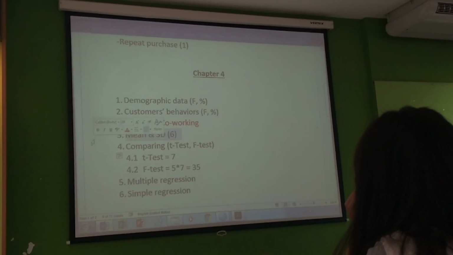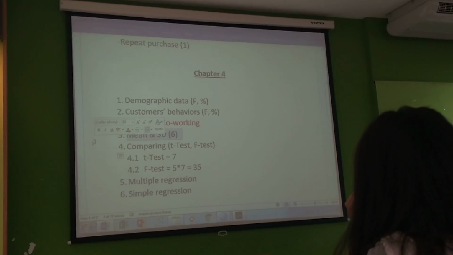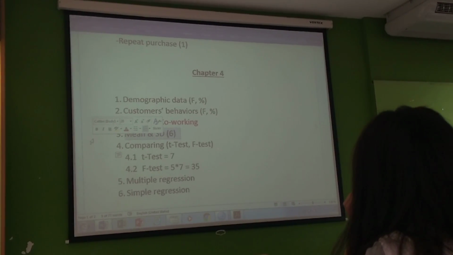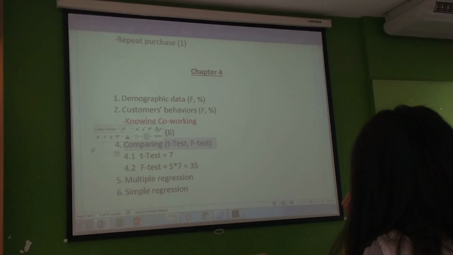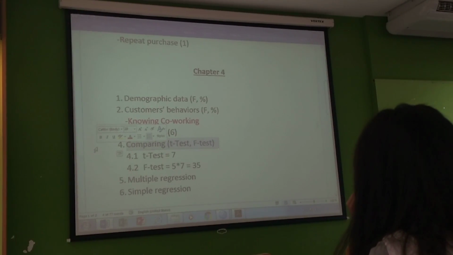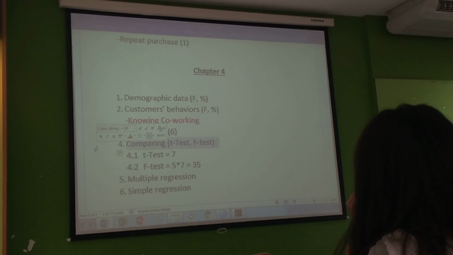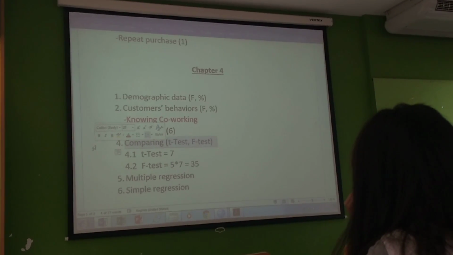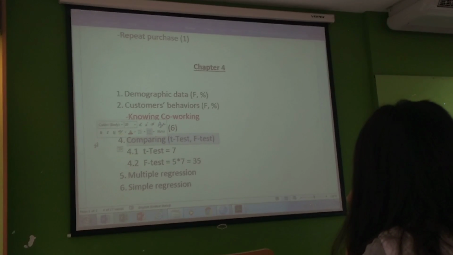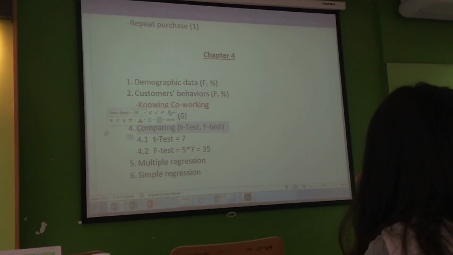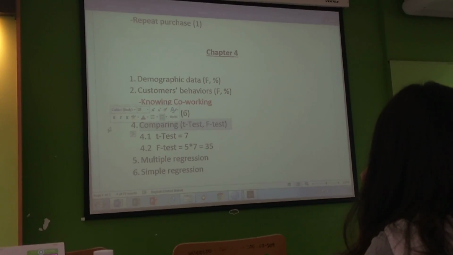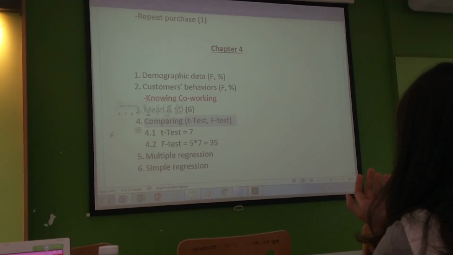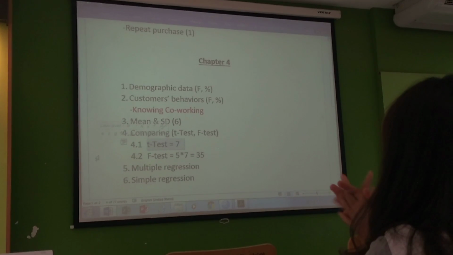Objective 3, we are measuring level of perception, 5, 4, 3, 2, 1, right? Objective 4, we are comparing the perception of respondents on all critical variables, on all 7 variables. For example, like you. And then we need to perform t-test and f-test.